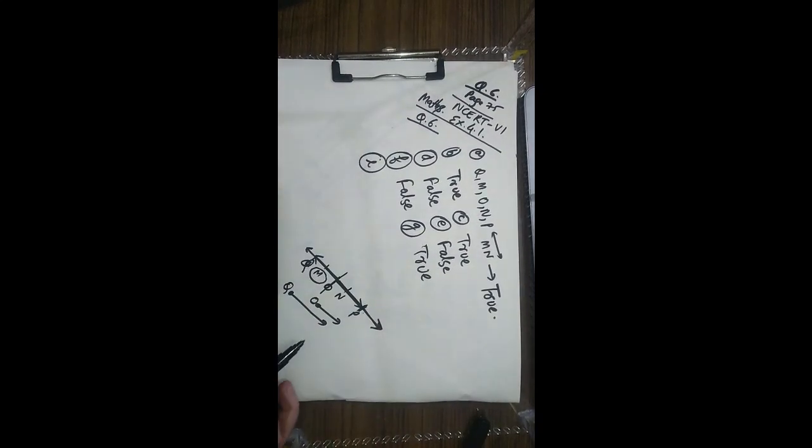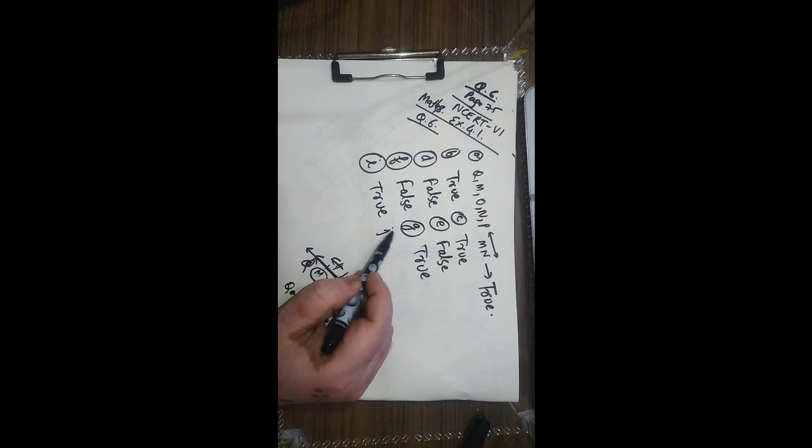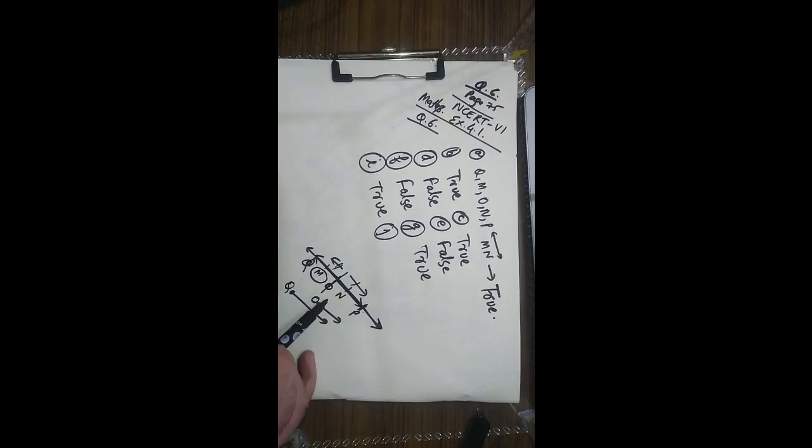I, ray OM is opposite to ray OP. OM and OP are opposite. True. J, O is not the initial point of OP.